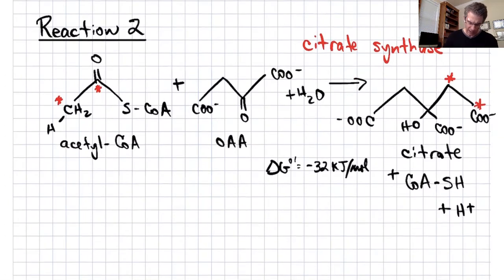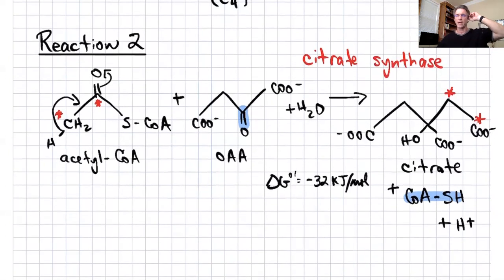And when we do that, we're going to create an enol, that we're going to condense then with that carbonyl carbon. So essentially what we're running here is a mixed Claisen aldol condensation.